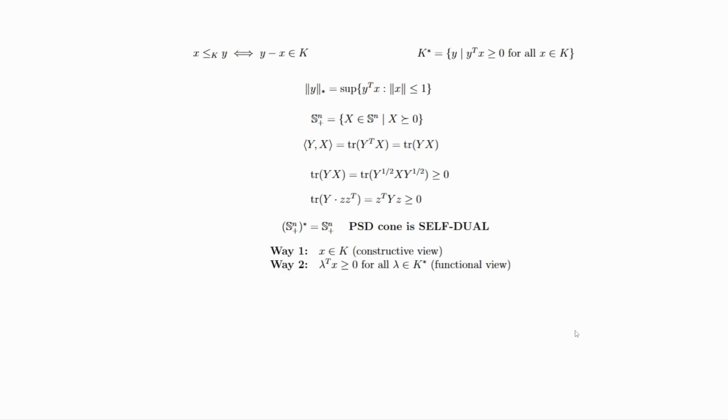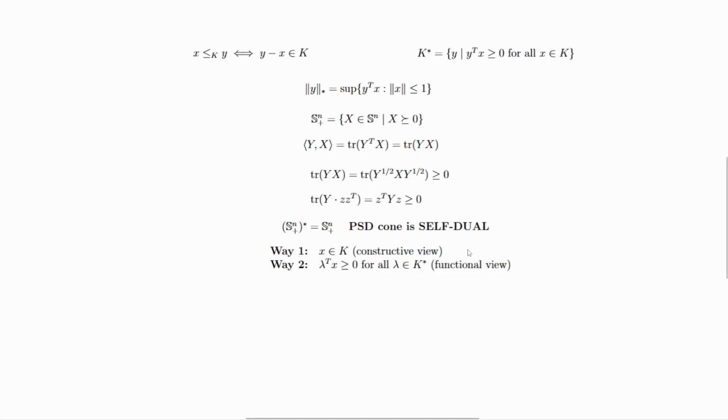Okay, so why is this dual cone perspective useful? It's about having two complementary ways to think about the same object. The first way we learned was that X simply belongs to the set K. So this is kind of a constructive view. We construct the set K from all these X's that belong to it.